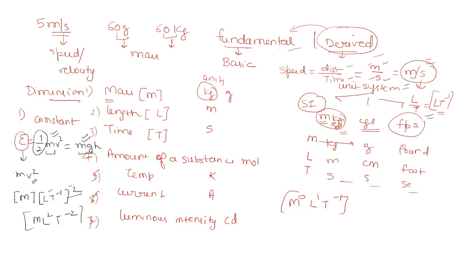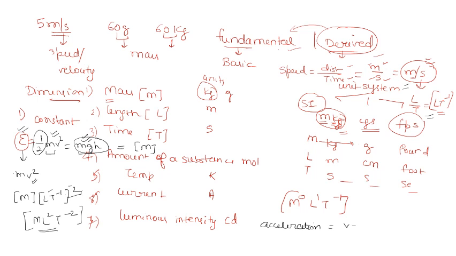So this will be the formula for energy, and it will be same if you talk about mgh. If you find out with the help of mgh, then also energy will be this only, ML square T minus 2. How? Let me show you. So for mass M, then g is acceleration due to gravity, and you know acceleration is what?